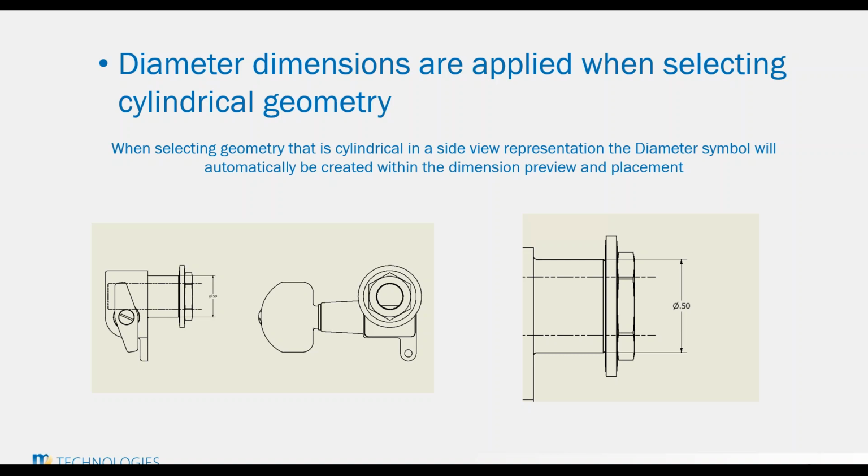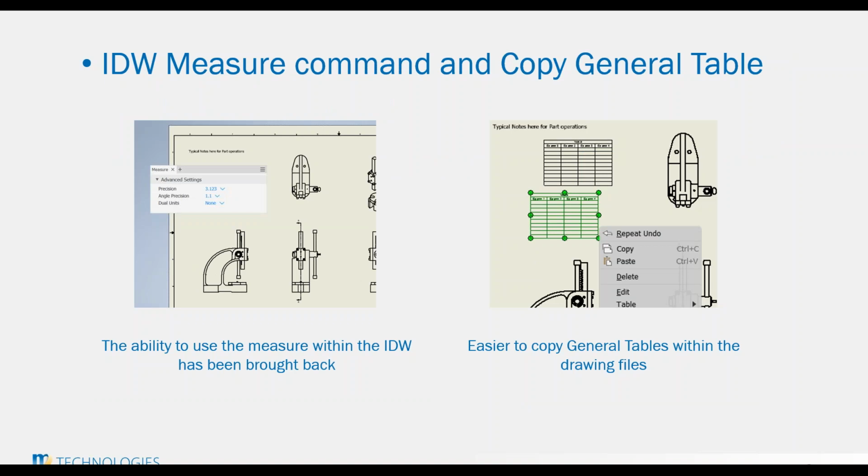Inventor now has the intelligence that it knows that that rectangle is a revolved feature or extruded circle, however the case may be, and it automatically will put the diameter symbol in the view. Again, saving time on creating a separate dimension style for that, or quickly adding an override to each one of those dimensions. Kind of a quick little time saver there.